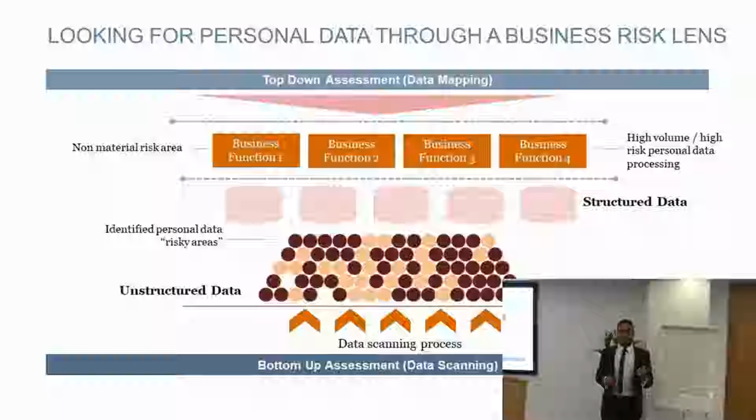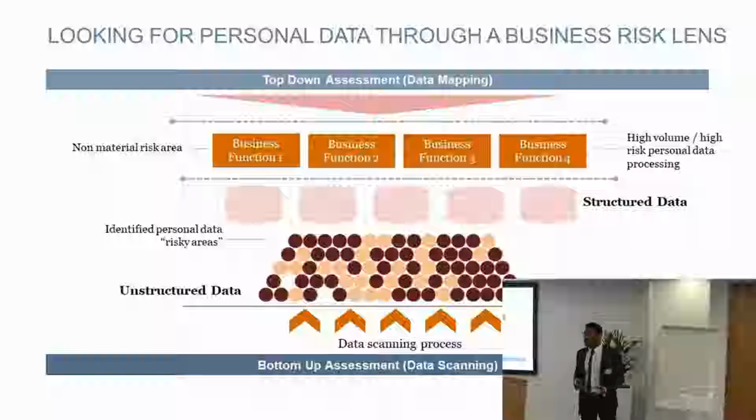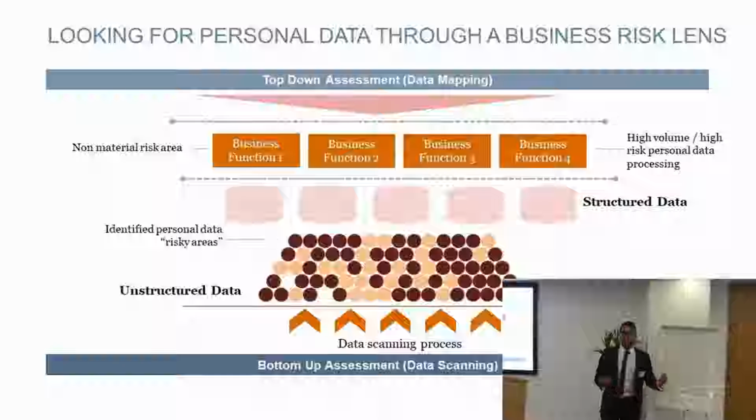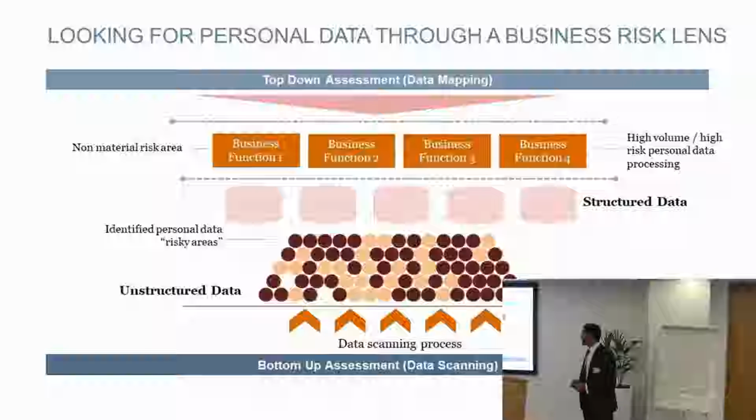So what we would typically do in our unstructured data scanning process: by unstructured data, I mean anything that's sitting outside your databases or your applications, so things like CV files, payroll files, salary files. One good example is an HR manager downloading a bonus file and then sending it out to managers in different countries. This is something we normally uncover during our data scanning or data mapping exercise.